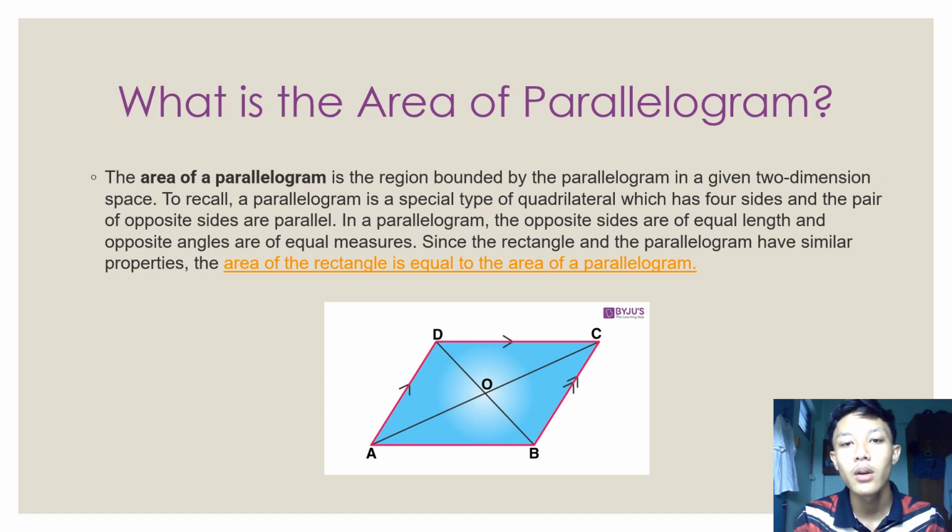In a parallelogram, the opposite sides are of equal length and opposite angles are of equal measure. Since the rectangle and the parallelogram have similar properties, the area of the rectangle is equal to the area of the parallelogram. As you can see from the picture.